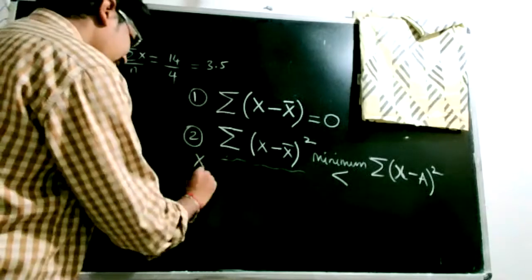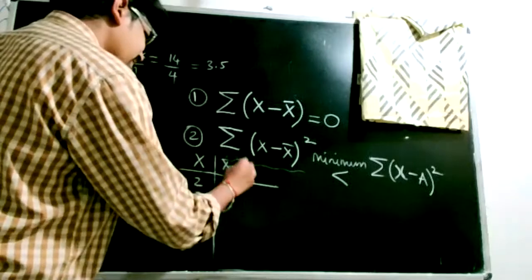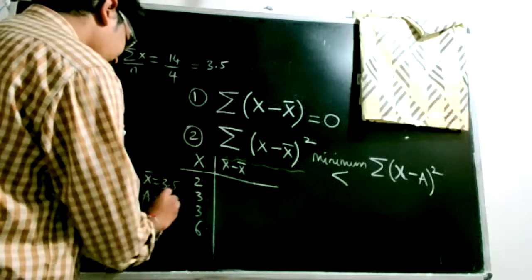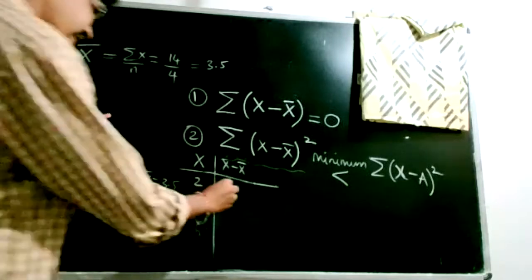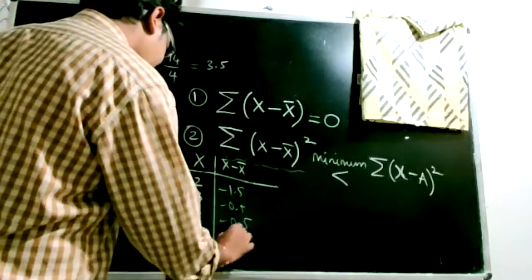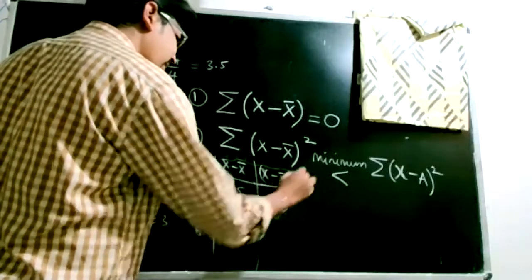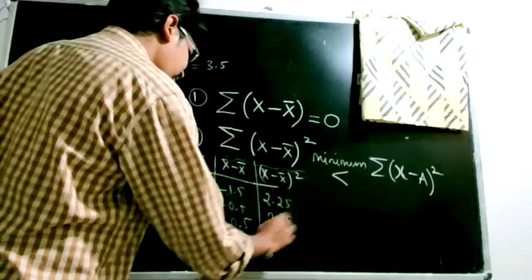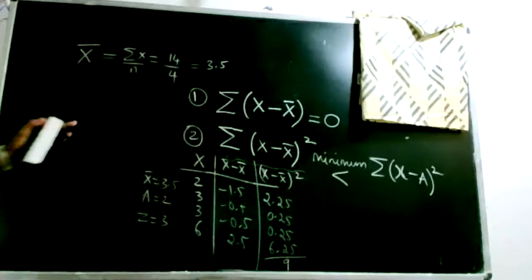So let's take the same example and see how it becomes minimum. So I have x is equal to this. So I had x bar as 3.5. So I'll take some a is equal to 2 and z is equal to 3. So x minus x bar was minus 1.5, minus 0.5, and 2.5. Now when I obtain x minus x bar whole square, we get 1.5 whole square, 2.25, 0.25 and 6.25, which comes to a total of 9.